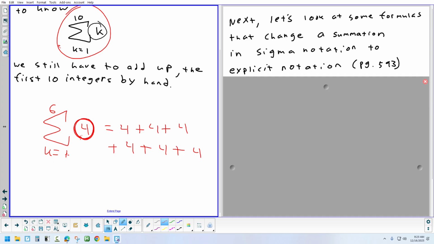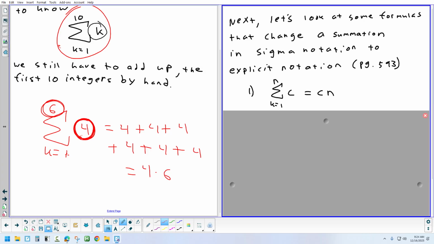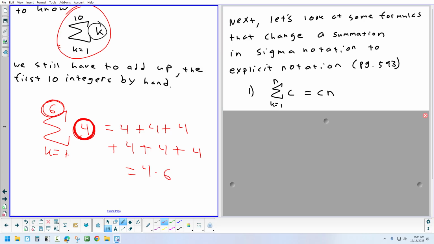What's a shorter way of writing 4 plus 4 plus 4 plus 4 plus 4 plus 4? 4 times 6. So if you want to get rid of a sigma and your formula has a constant right here, to evaluate that, all you have to do is multiply whatever number's here times whatever number's here.